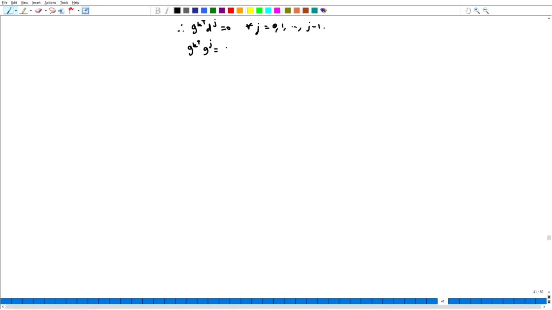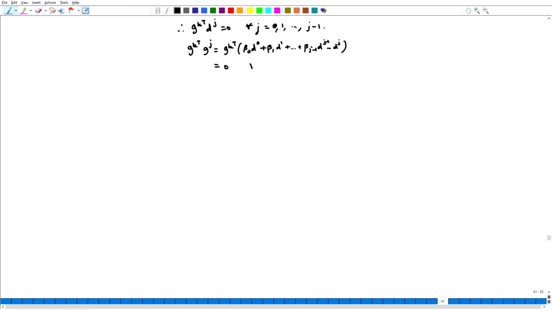That will just be gk transpose into beta naught d naught plus beta 1 d1 plus and so on plus beta j minus 1 dj minus 1 minus dj. Note that gk transpose d0 is 0, gk transpose d1 is 0 and so on.